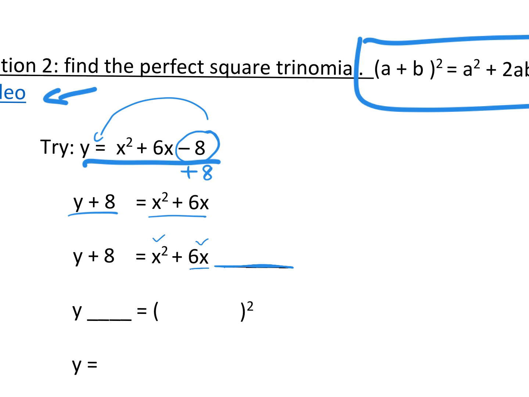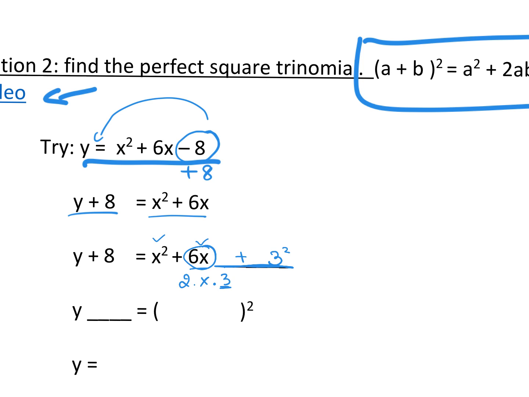So let's imagine this will be 2 times x times what to get 6x? So we need 3, and then we have to square the last term. This will be 3 squared. So that will satisfy 6x with this 3, right?